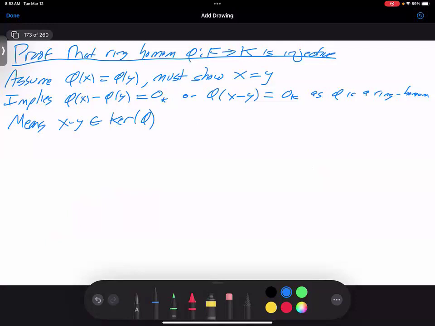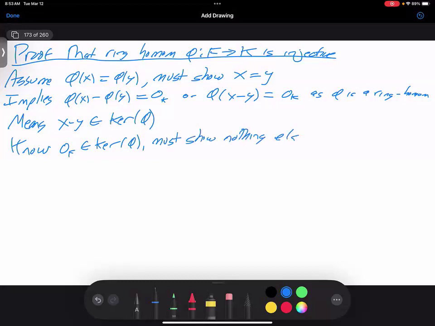Can you give me something that you know is in the kernel of phi? 0. So we know 0 of f is in the kernel of phi, and we must show nothing else is. So do we know that the kernel contains only the 0 element?